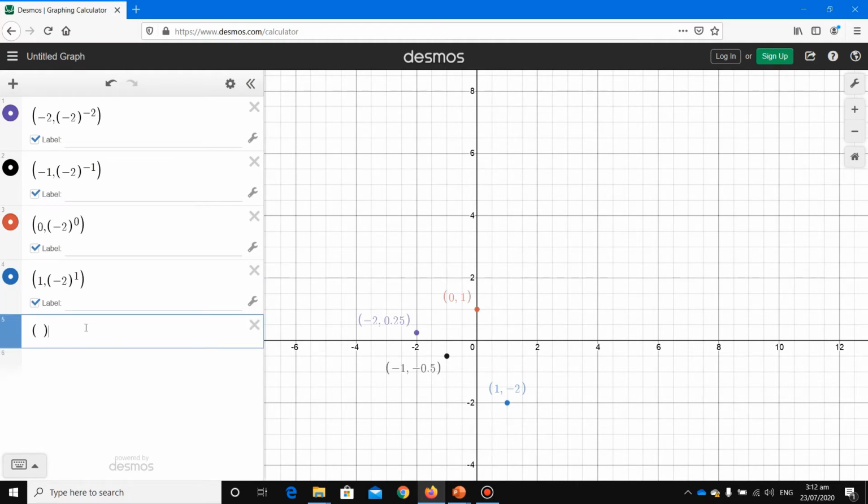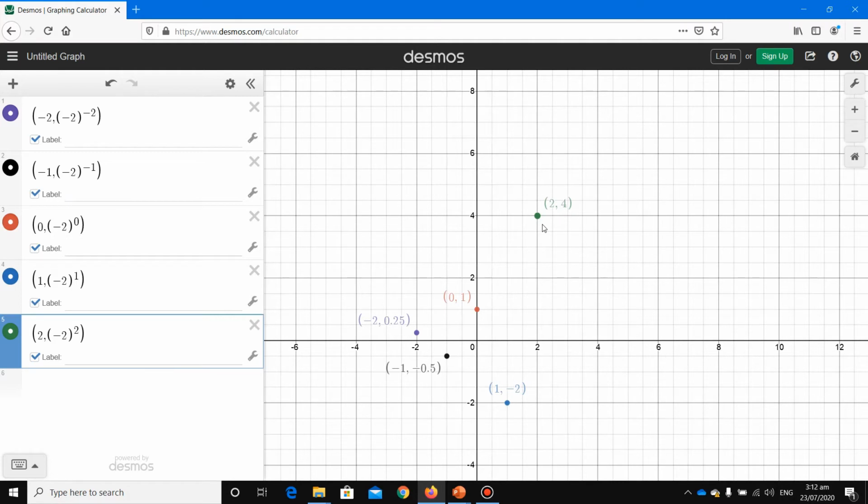And next, if we have x equals 2, that is negative 2 raised to positive 2, and that is this point. So obviously, it decreases, increases, decreases again, and then increases.